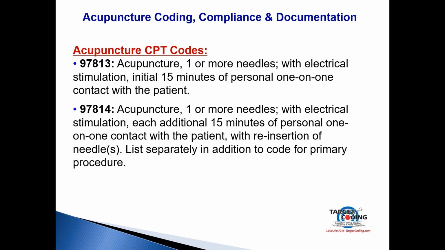Now, the acupuncture time increments of one-on-one contact with the patient can include many things like counseling and coordinating care, patient chart review, discussing with the patient the results of the last treatment, selecting and palpating the appropriate acupuncture points, inserting the needles, manipulating the needles, removing the needles, reinsertion of the needles, disposing of the needles.